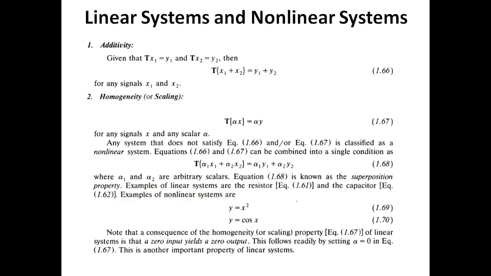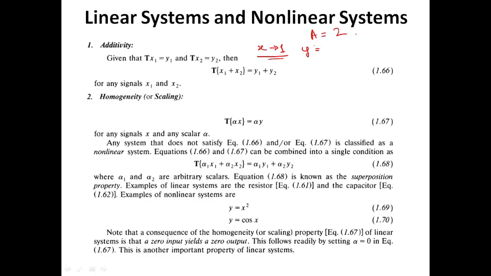So now coming to the linear and non-linear systems. Say, for example, we take the example of a non-inverting amplifier, where the gain is 2. In the first instance, we give a value of x1 as 1.